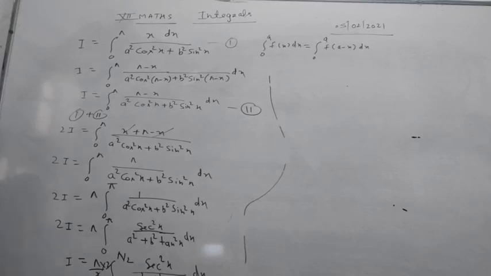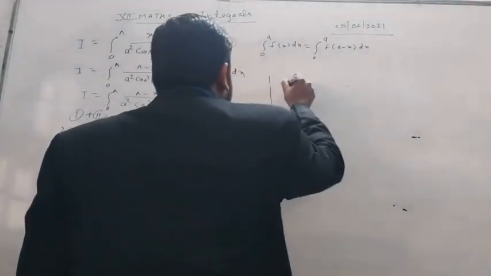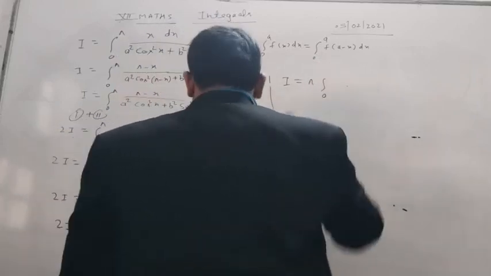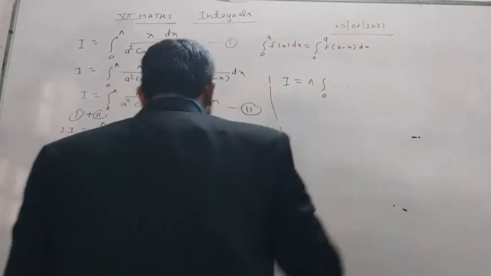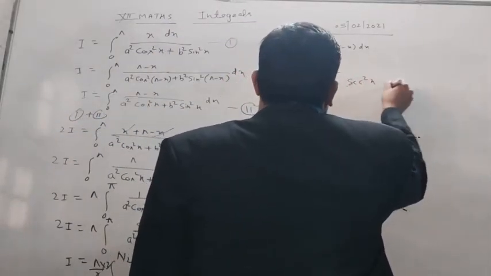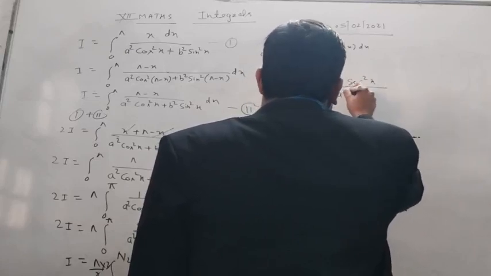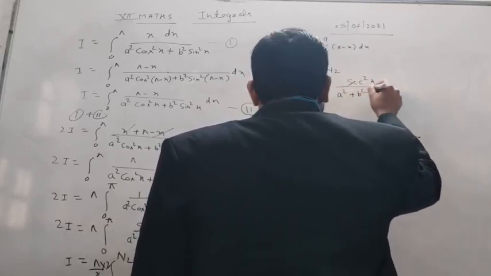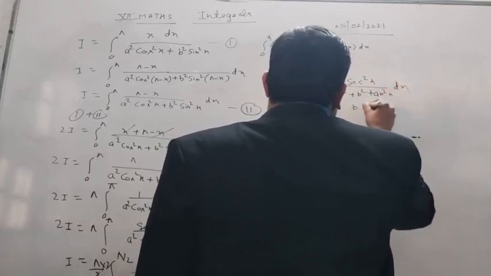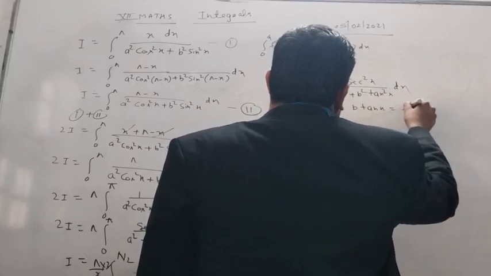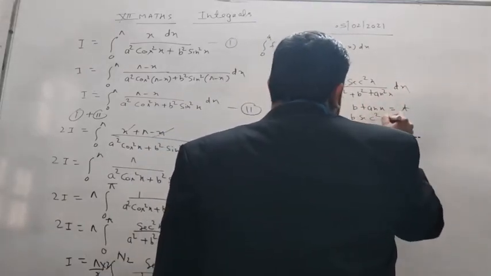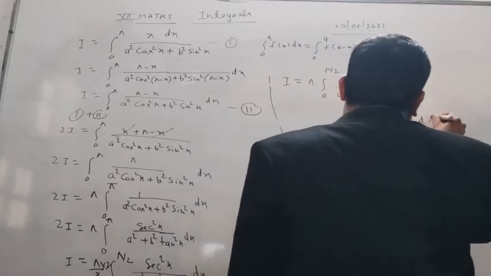Now we take I is equal to pi times integral from 0 to pi by 2 of sec square x by a square plus b square tan square x dx. So let b tan x be equal to t. So students, we can write b sec square x dx is equal to dt.